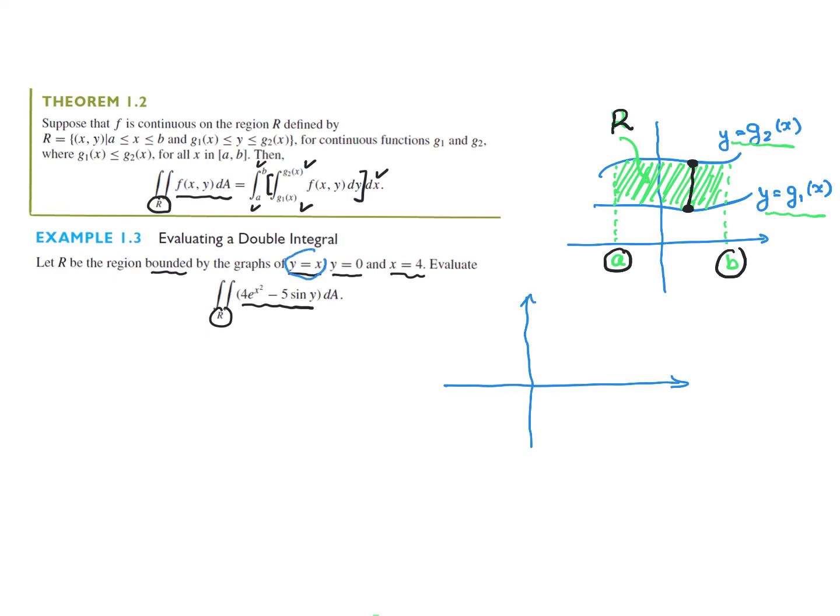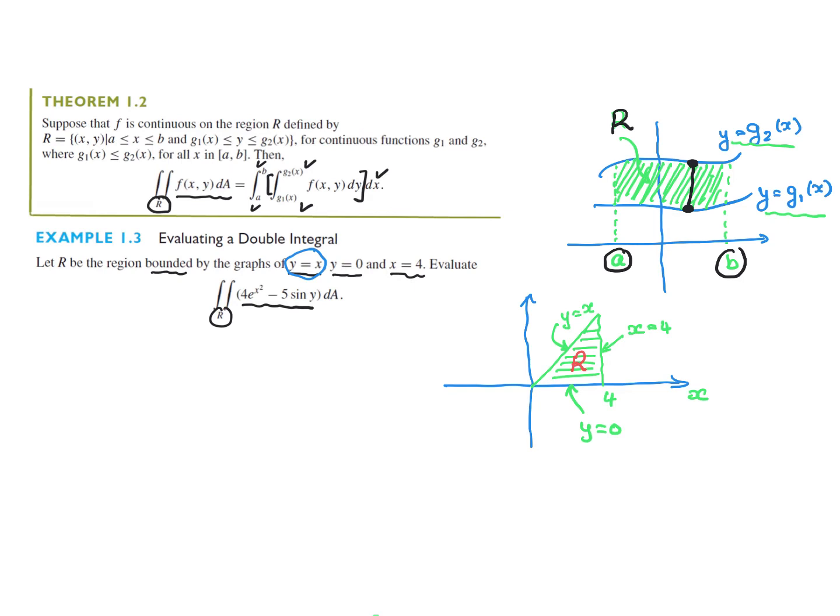The line y equal x is this line here, y equal to x, and then y equals 0 is actually the x-axis, and x equal 4 is a vertical line like this. So this is the region that we are talking about here. So this line is x equal 4, this line is y equal to 0, and this line is y equal x. So this is the region R in which we want to integrate.